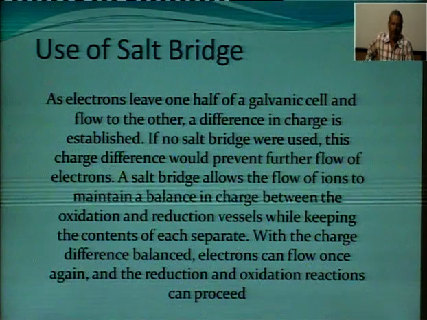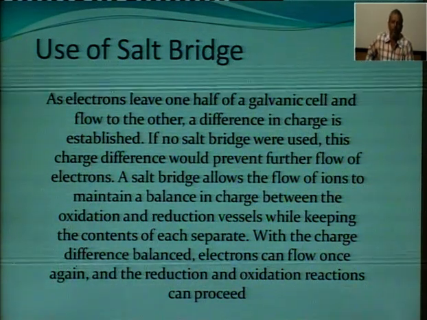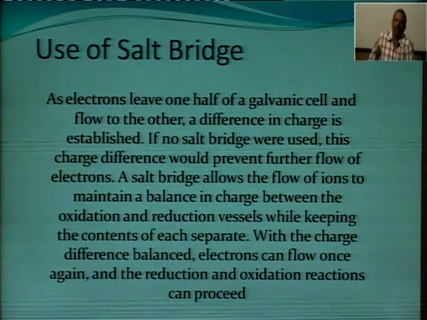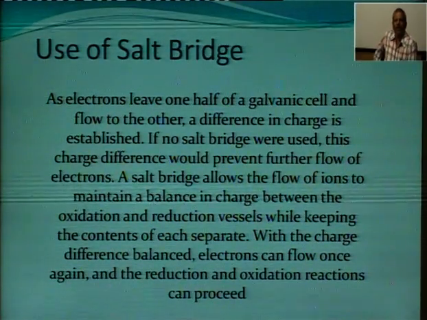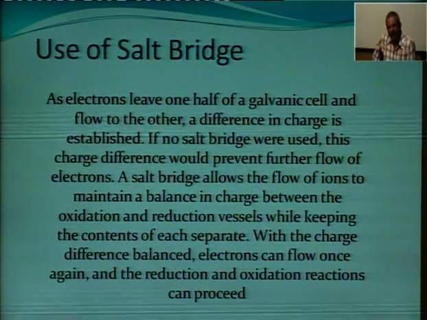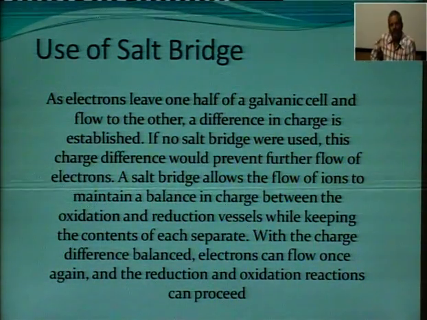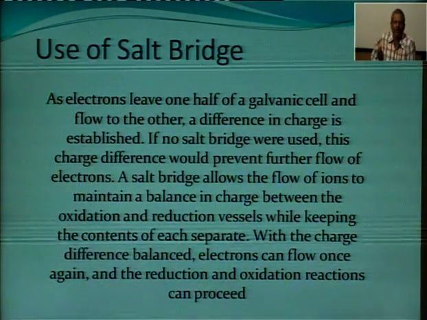So, the purpose of the salt bridge is to facilitate the movement of the anions from one half cell to another half cell. If no salt bridge were used, the charge difference would prevent further flow of electrons.